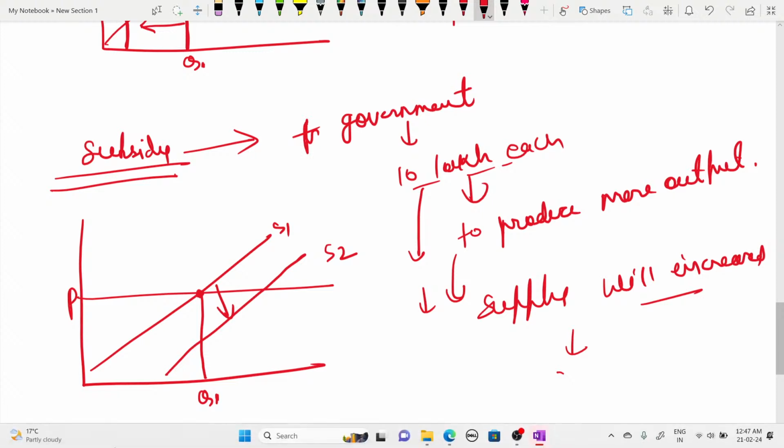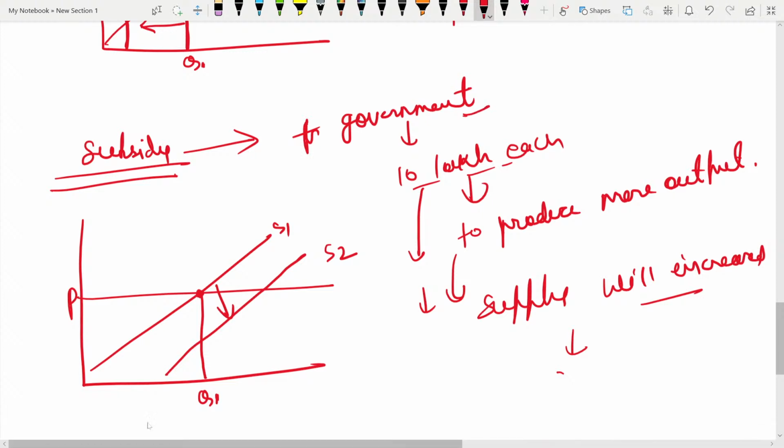But now, getting subsidies from the government, producers are capable to produce more of the goods as quantity supplied. So this much quantity supplied has gone up. Therefore, we can see that subsidy is a favorable change for the producers.